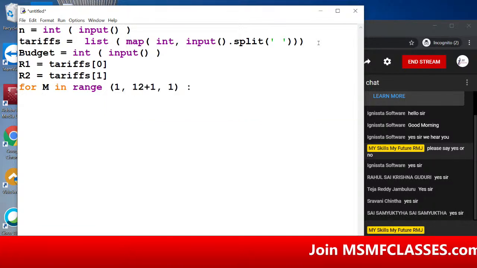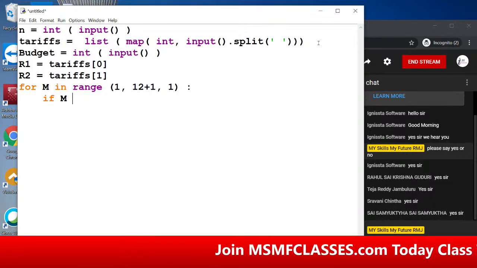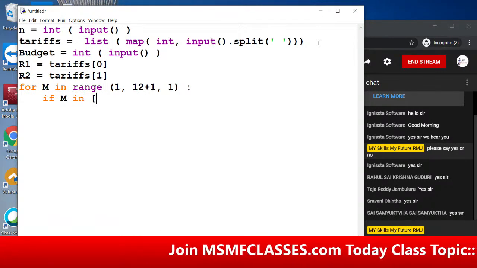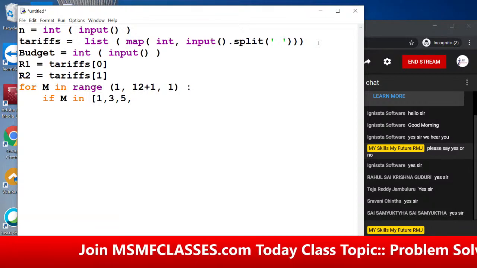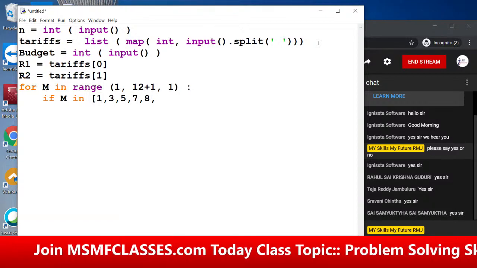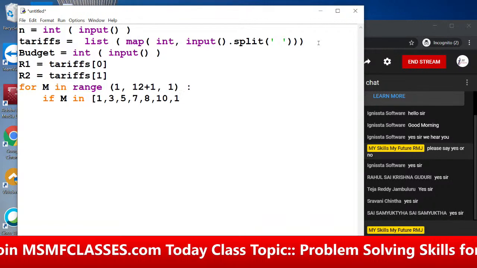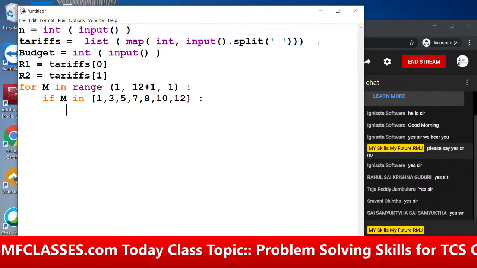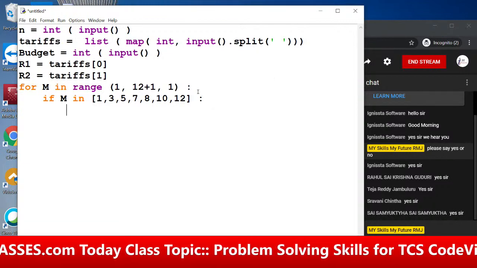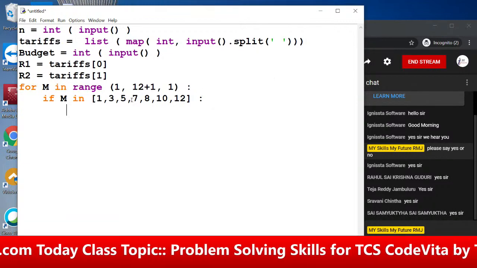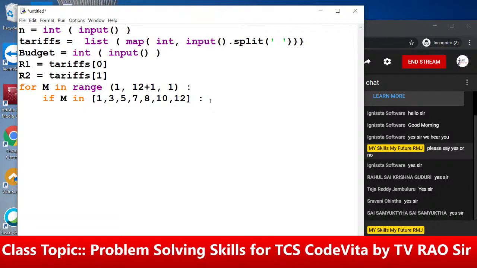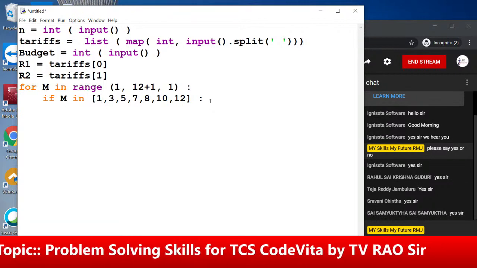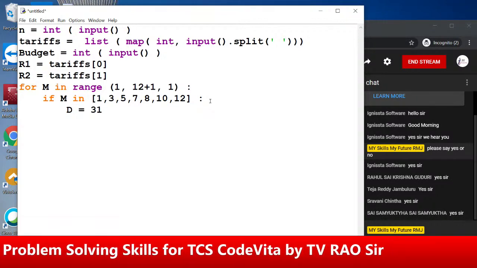Now you need to generate number of days for each month. If M in January, March, May, July, August, October and December, the number of days is 31. Okay.